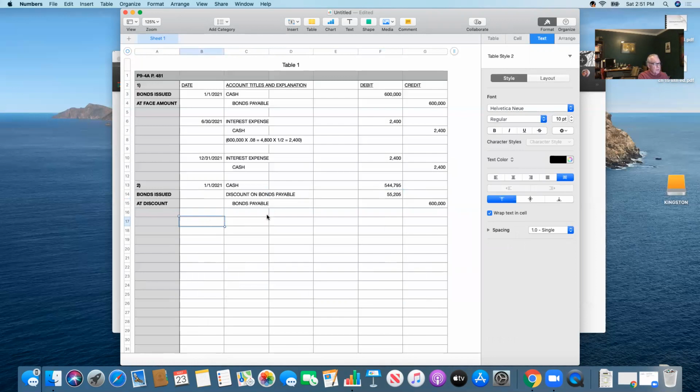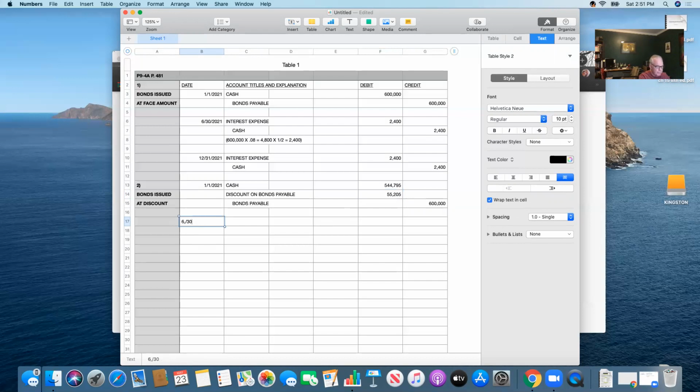We sold these bonds and took in 544, but 20 years from now we're going to pay back 600,000. In effect, we'll be paying an additional $55,000 in interest, but we're going to spread that out over the 20-year period.